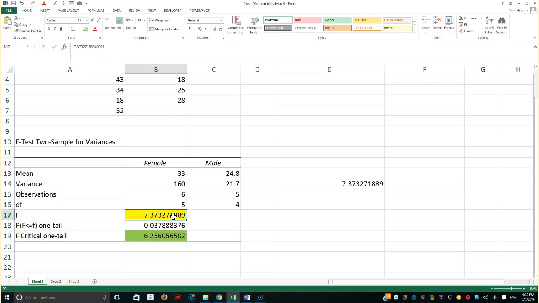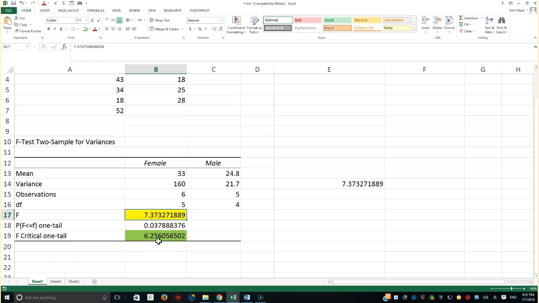So what is the conclusion here? The F value is greater than the critical one-tail value. Therefore, we reject the null hypothesis. That is the case: 7.37 is greater than 6.25.